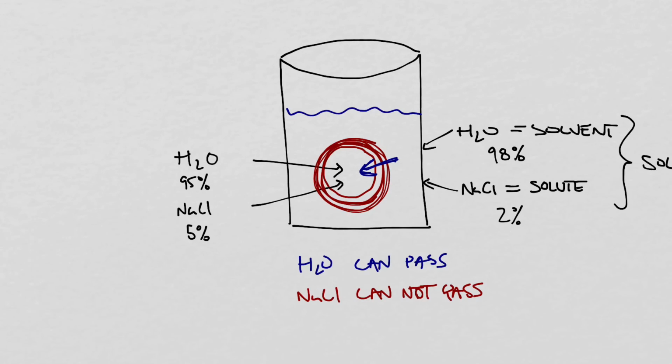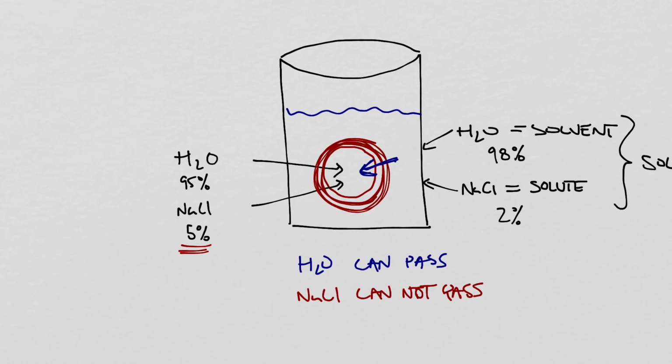Now it's important to note here that the number of salt particles inside the cell is not changing, right? Because salt cannot pass. So the pure number of salt particles inside the cell remains unchanged.